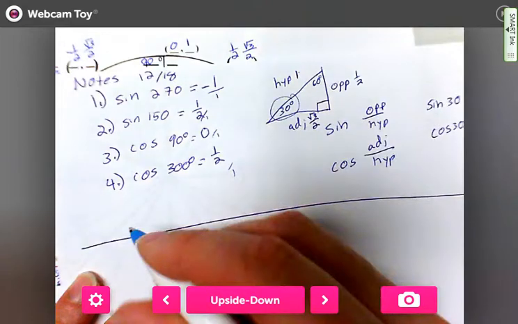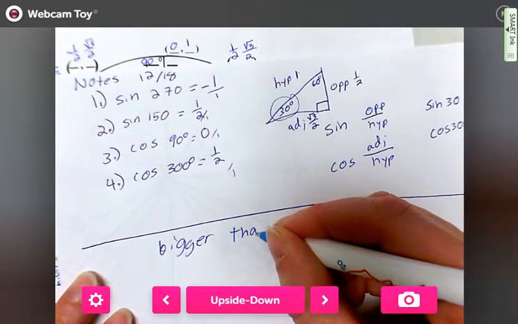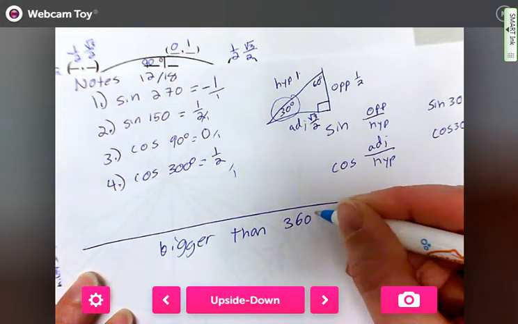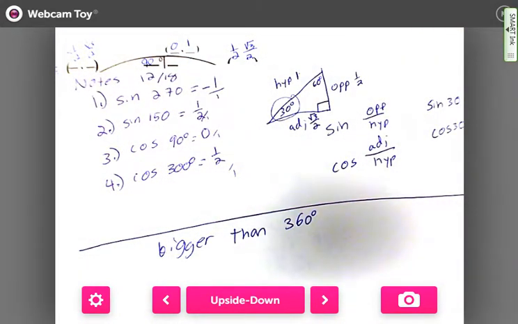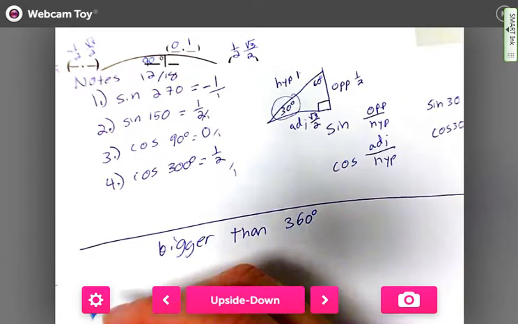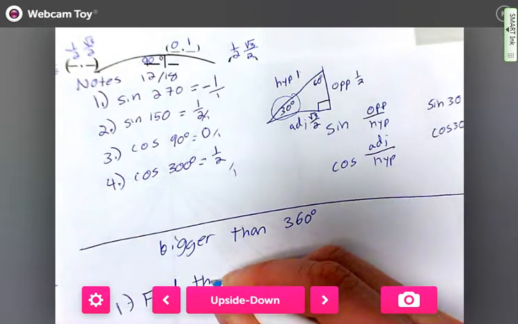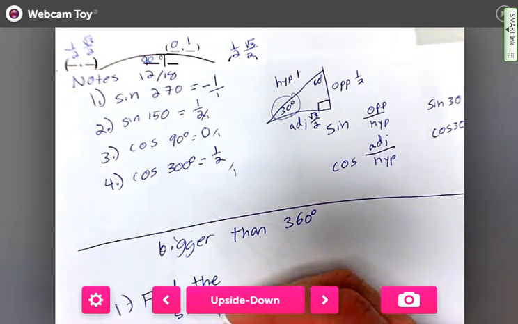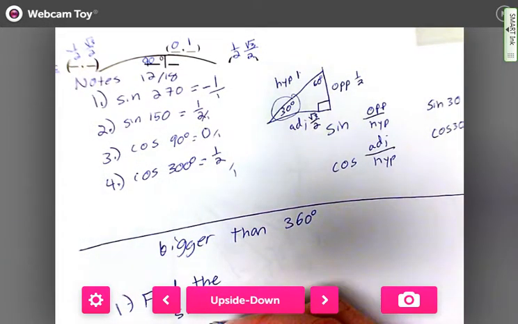This is bigger than 360. Okay. So, if I said, find the sine of 390 and the cosine of 390.